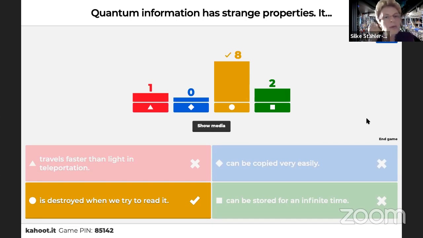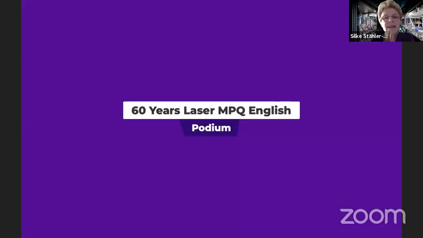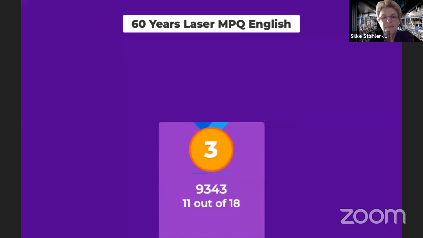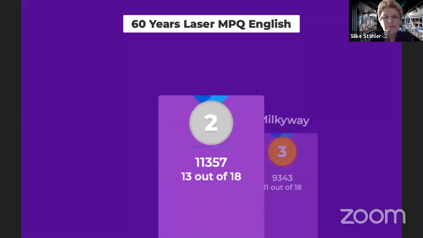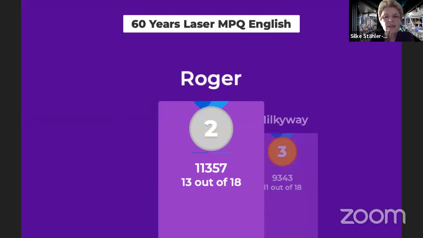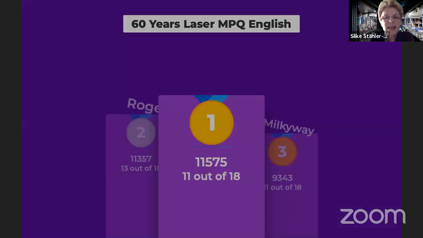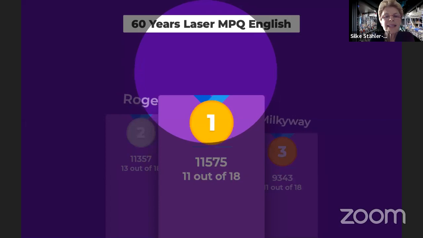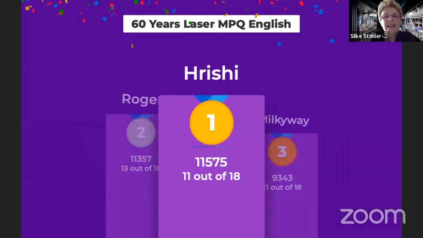So now this was the last question. I'm very curious who won the race. Third one is Milky Way. The second is Roger. And the first place is Rishi.